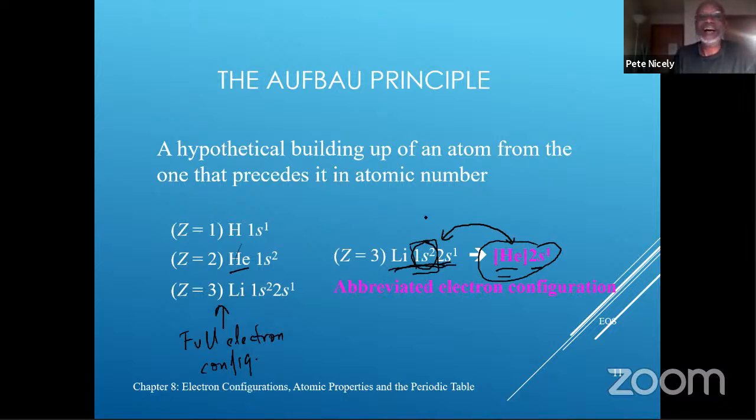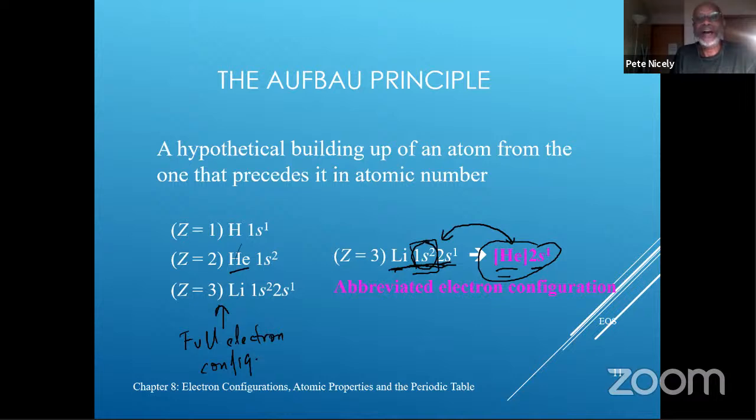So basically, to get from the full configuration to the abbreviated version, we identify the part of the full configuration which has the same electron configuration as the group 8 element that precedes the particular element. In this case, the element is lithium, so we're talking about the helium atom which precedes it, right?